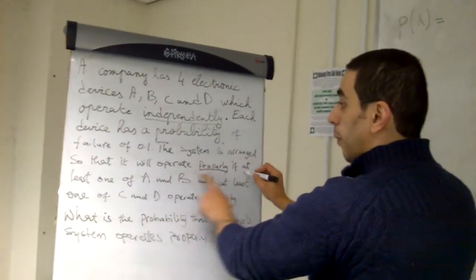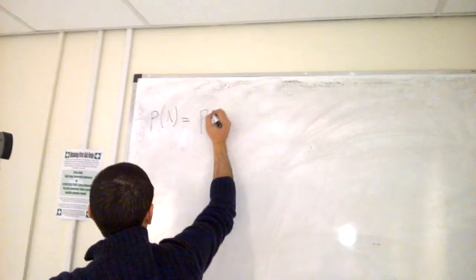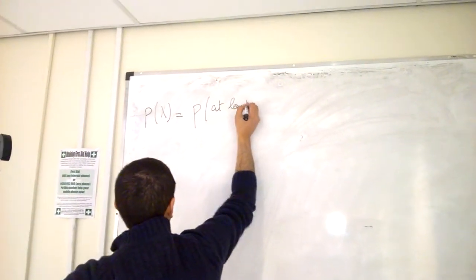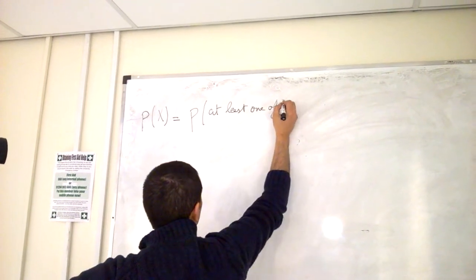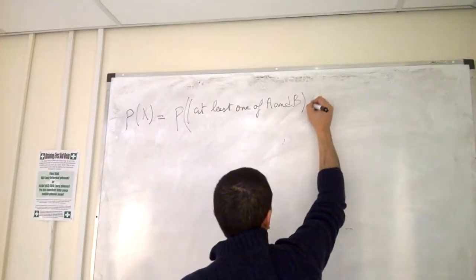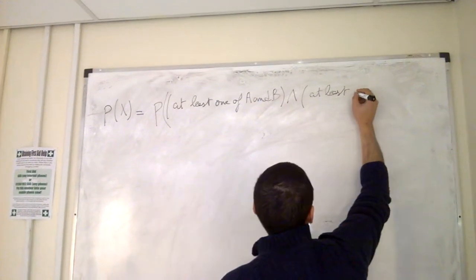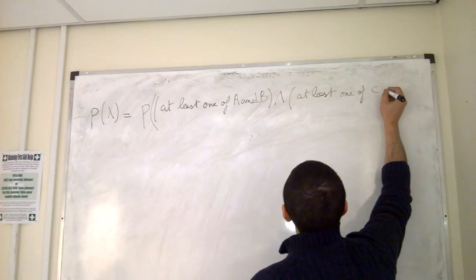So the probability of the whole system operating properly, let's call it x, is equal to... Here they say that the system is arranged so that it will operate properly if at least one of A and B and at least one of C and D. So it is the probability of at least one of A and B and at least one of C and D.